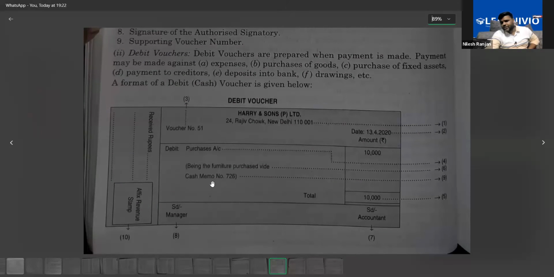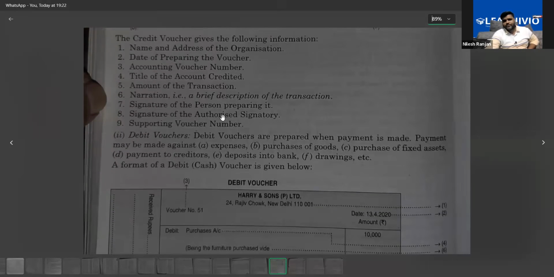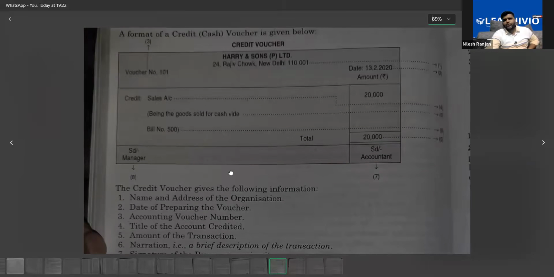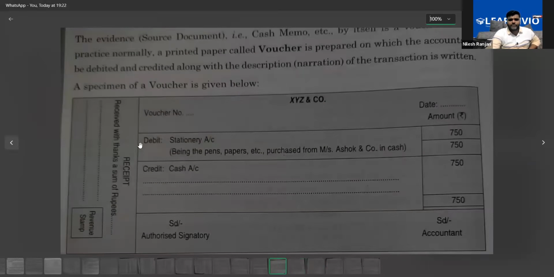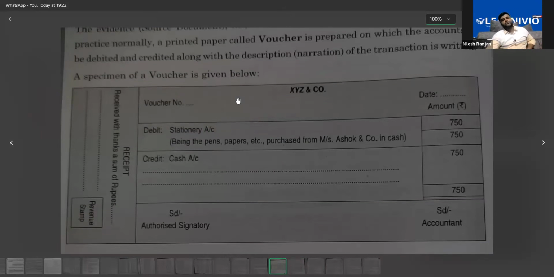It is clearly written, cash memo number 726, meaning we have this bill, cash memo against cash. So this is a debit voucher, credit voucher. So these are different vouchers, but generally you have to remember the first one that I showed you, this one. This is the important one.